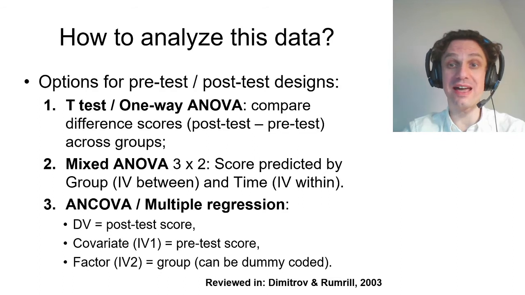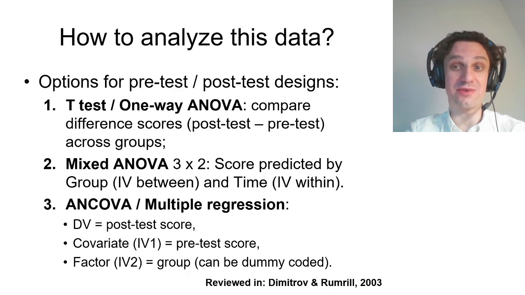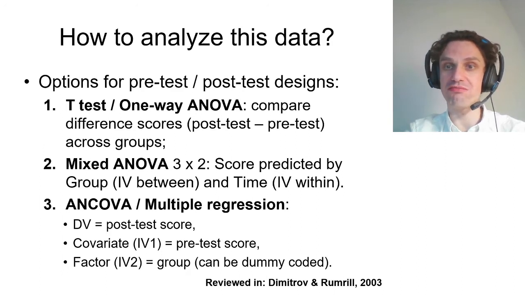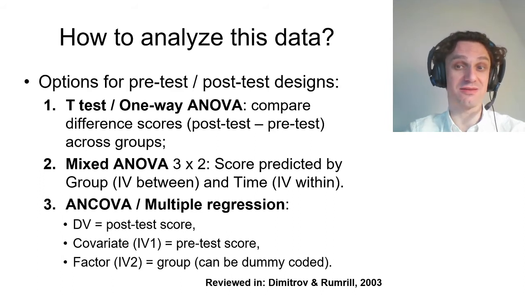Then you can compare these difference scores across groups to see if the change was the same or not the same in all groups. This is a very easy approach. If you don't have much time and you don't have any other options, it's a possible approach.